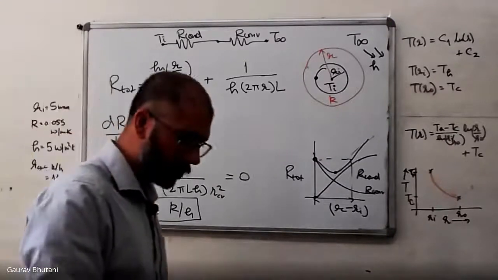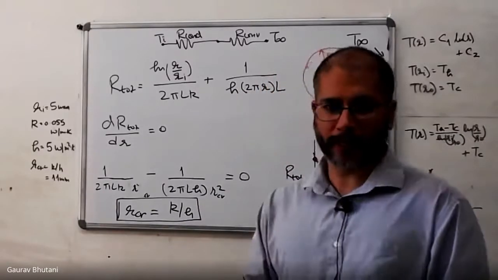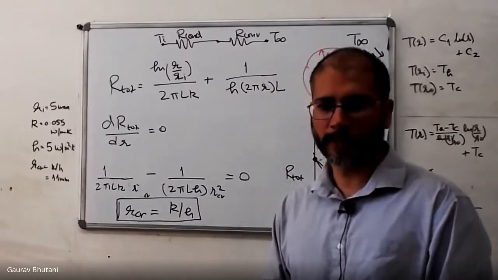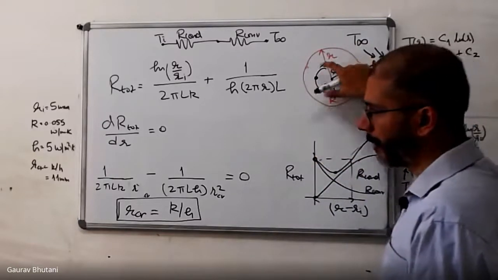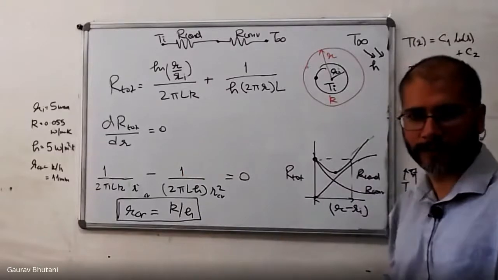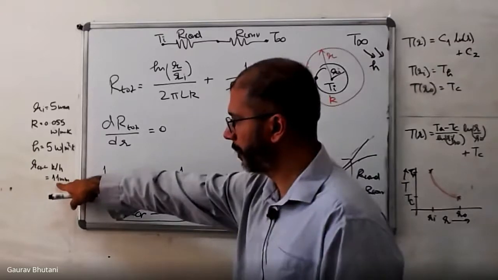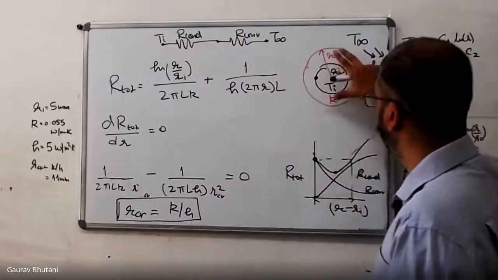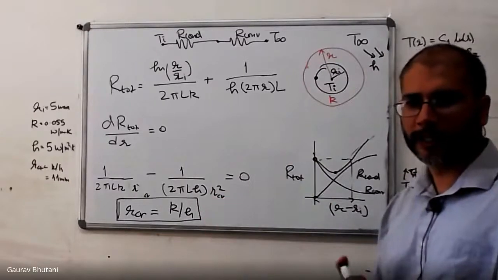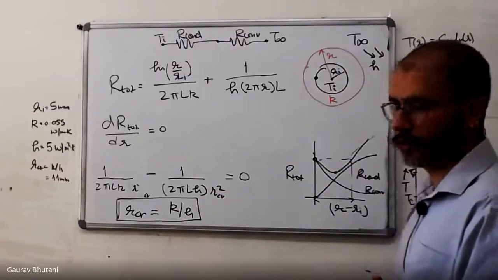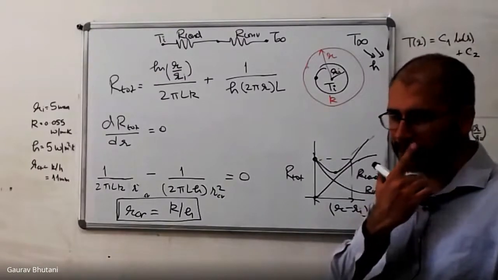So if I started with a situation where my Ri was equal to 12 millimeters, so I had a 24 millimeter pipe to start with, then I am already beyond my critical radius. Remember this R critical is 11 millimeters. So that means that I will not have a situation where adding insulation will lead to a reduction in resistance. So if you are in that situation, then you don't need to worry.